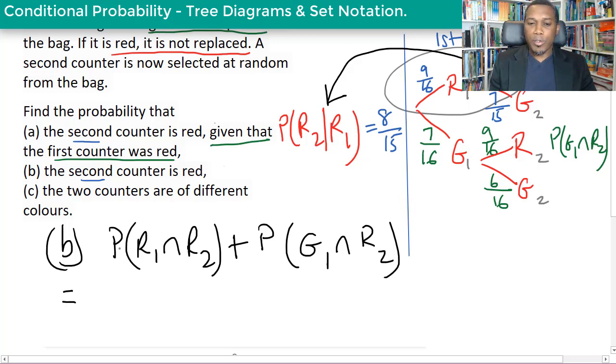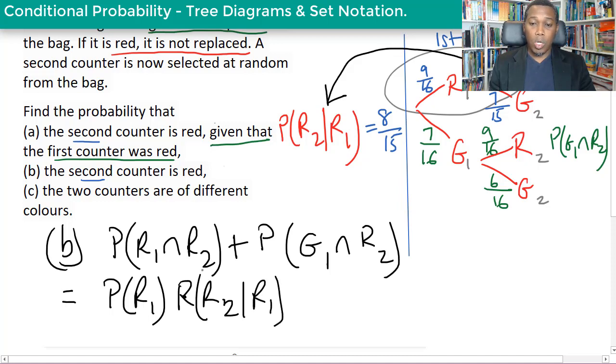And the link I want to show you is that the probability of R1 intersection R2 is actually the probability of getting R1, multiplied by, that 8 on 15, well that's the probability of getting R2, given that you got R1. So that's the change we've made there. And then we want to add to that the probability of G1 intersection R2.